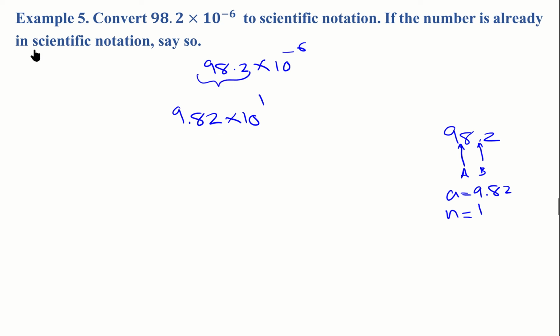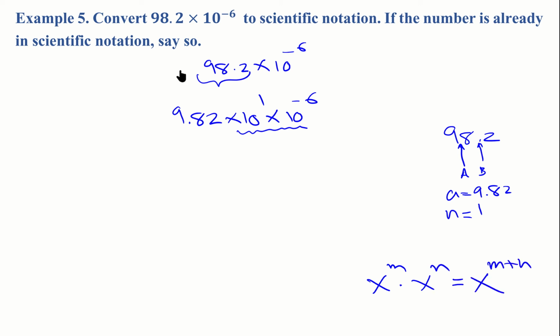Don't forget, we still have times 10 to the negative 6, right? So now all you've got to do is, you see that multiplication? You should know how to handle that, because you're multiplying two powers with the same what? With the same base. What's the rule? x to the m times x to the n. What is it? x to the m plus n.